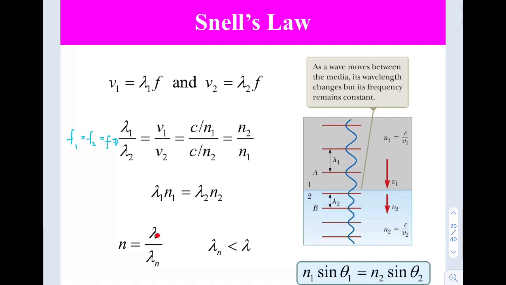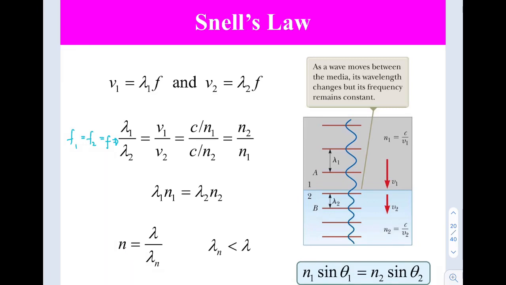N is equivalent to lambda in vacuum over lambda within the material, and lambda in vacuum is always bigger than lambda within the material, since N for vacuum is 1.